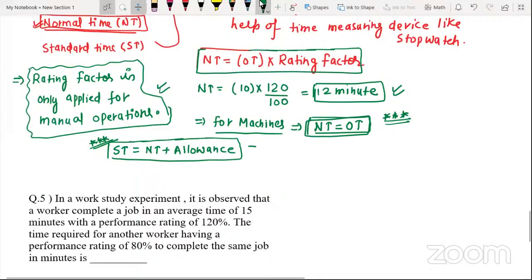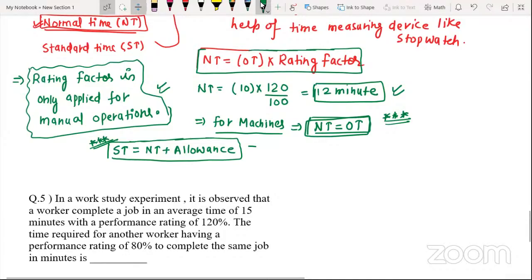Just normal time plus allowance will be the standard time. Allowance is the extra time provided to the worker above the normal time so that they can work continuously for a longer duration. So the standard time is going to be the normal time plus allowance.